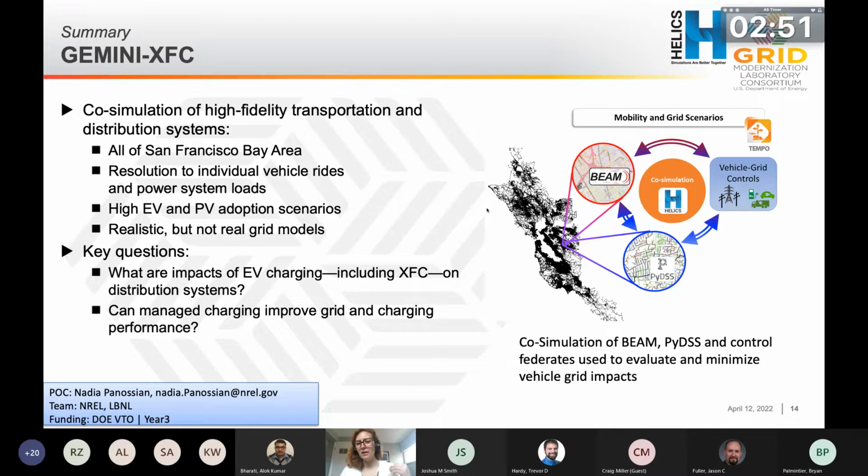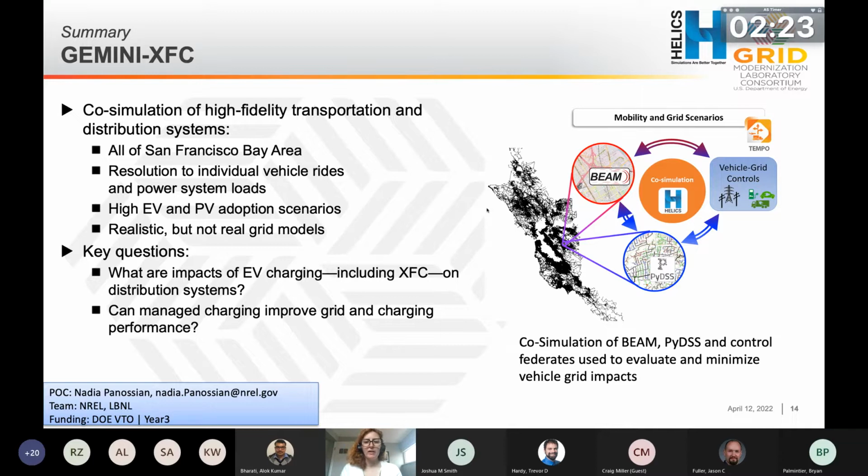It's very realistic, and used a lot of different validation statistics to make sure these grids look true to what a real grid would look like in those areas, but it's not the actual grid implementation. This is nice because we don't have to keep our grid secretive or have an NDA. We can just share it and anybody can run the same simulation.